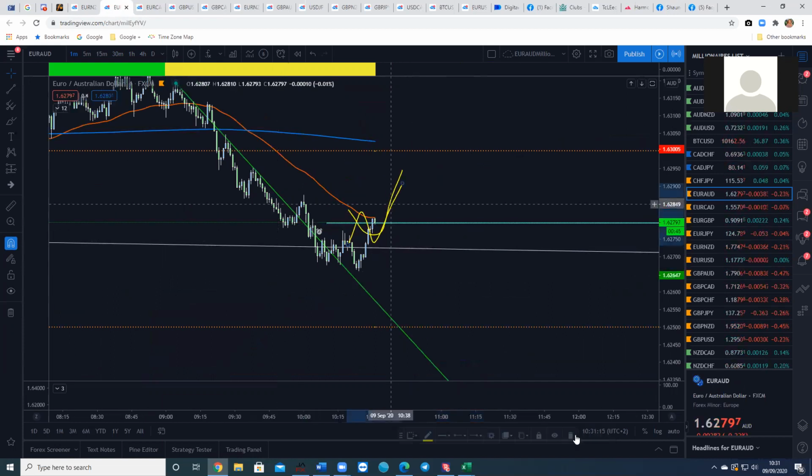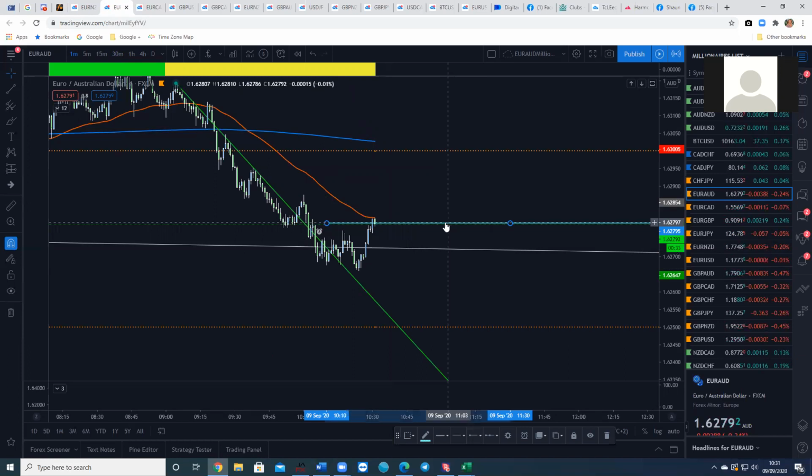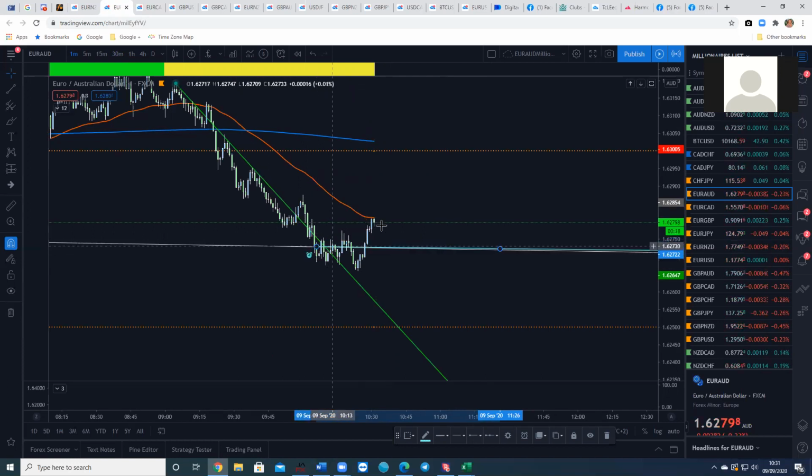Let's take some of this off. So what we want is we need a retest down to the pitchfork. And then we can look at that for a buy, but not until price comes above the 62. Never get in on a buy if price is below.